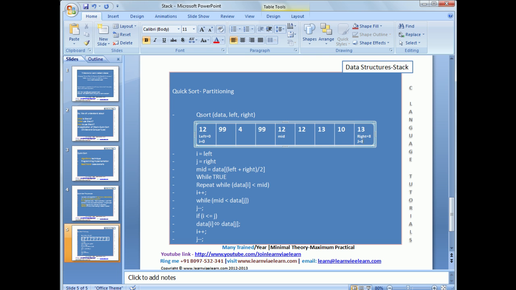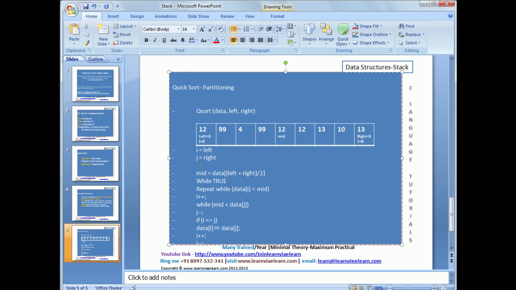Now there is one way we can do this also. For example, I can consider mid as a pivot element. But in this case, if I put mid as left, I am considering this value as a pivot element, right?